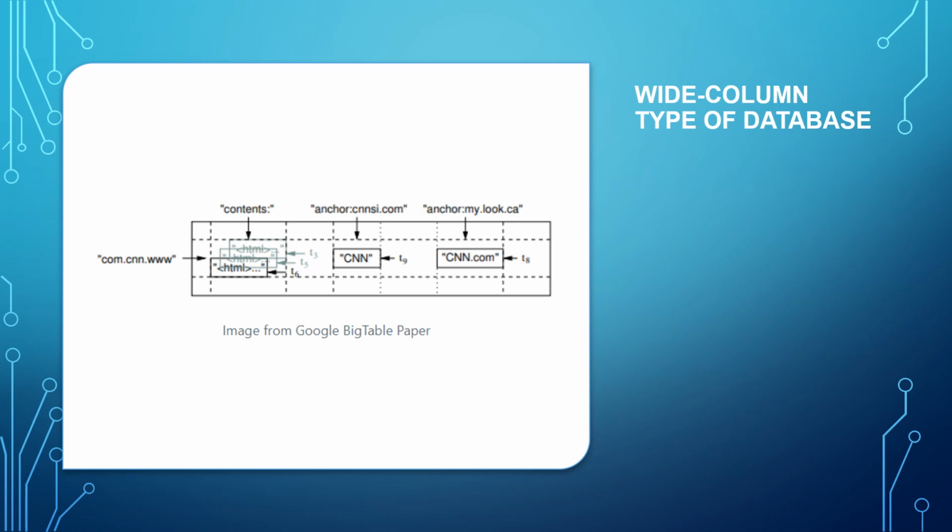For example, the anchor column family in the figure above contains two websites that contain CNN keywords. Bigtable is the ancestor of this type of database, and HBase and Cassandra are also representatives of this type, in which HBase provides stronger consistency than Cassandra.